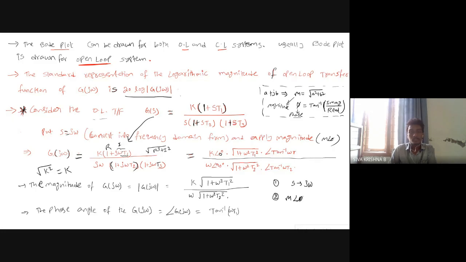So omega square T1 square is the imaginary part, and the angle phi equals tan inverse of imaginary by real, that means omega T1 by 1, which is just omega T1. That's it. So next.